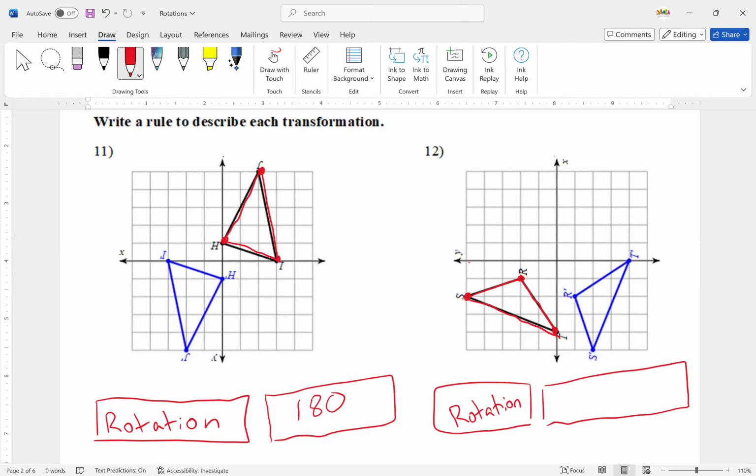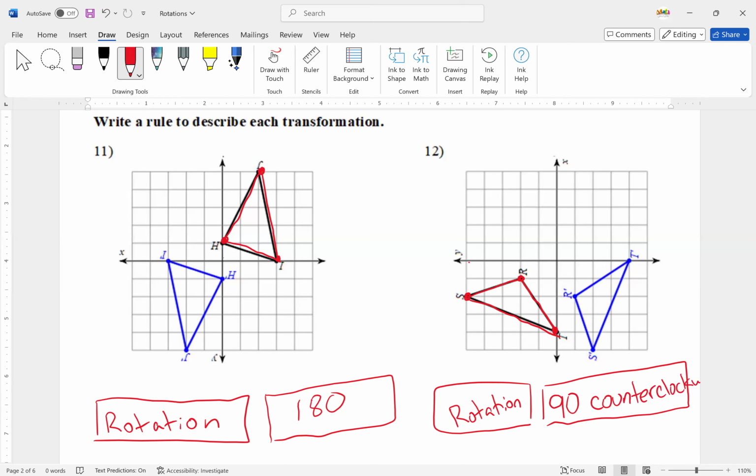In my case, to write less, to use the smaller number, I'm going to write 90 counterclockwise all together.